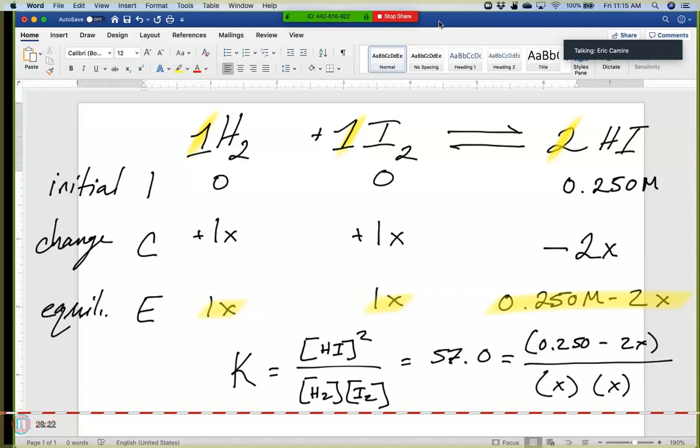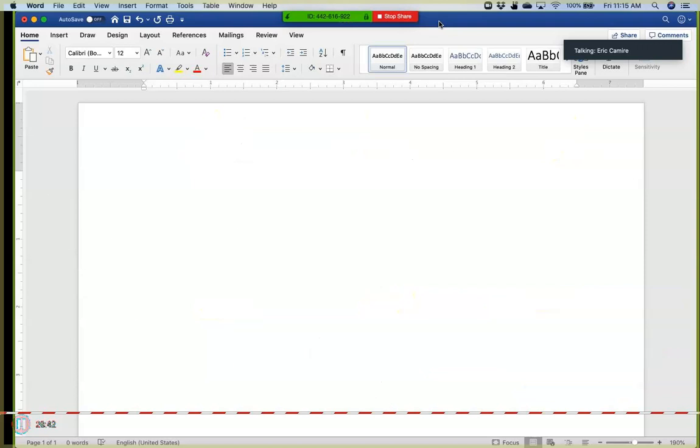So if I only pay attention to this part of what I wrote, it's actually a pretty straightforward math problem. So what I'm going to do is clear the screen, rewrite what I have highlighted in blue, and then we'll keep moving on from there. So we had K equals, we said it was the 0.250 minus 2x squared.